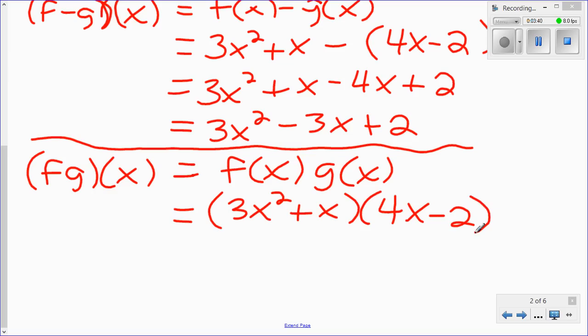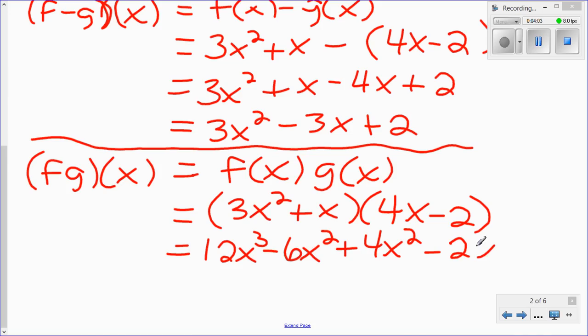And here, we are going to FOIL. 3x squared times 4x is 12x cubed. 3x squared times negative 2 is negative 6x squared. X times 4x is 4x squared. And x times negative 2 is negative 2x. And then we can combine our like terms. Negative 6x squared plus 4x squared is negative 2x squared.